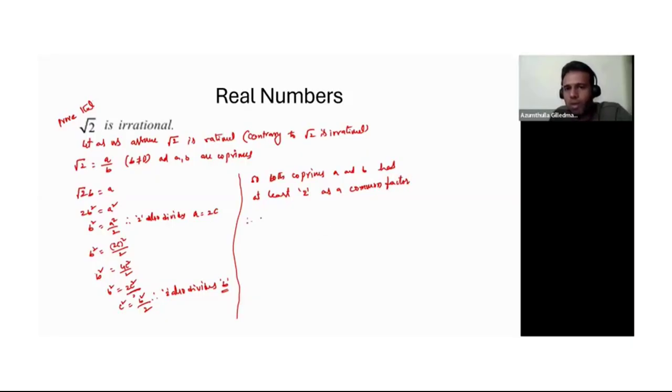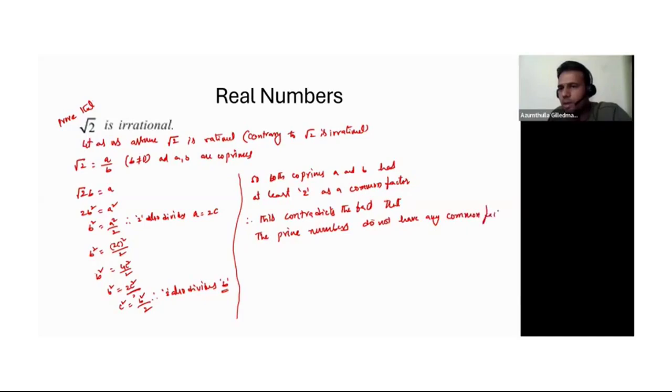So this contradicts the fact that coprimes do not have any common factors. Understood?